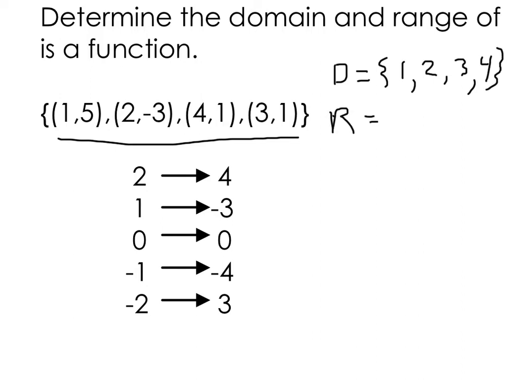Range, all possible y values. Y is -3. Y is 1. And y is 5. So that's our range. Is this a function? For every x, is there one and only one y? Yes, it is a function.